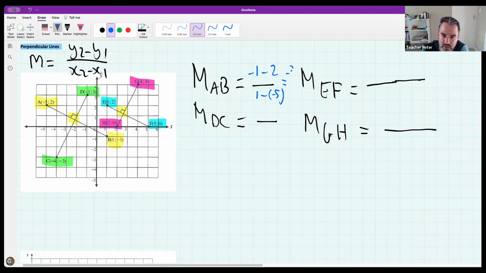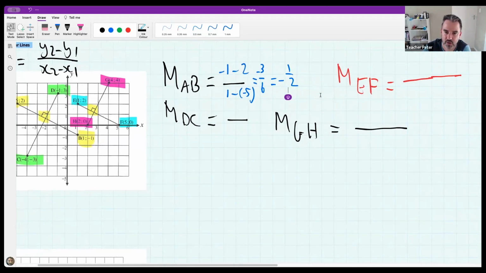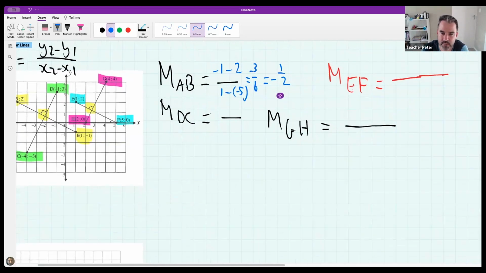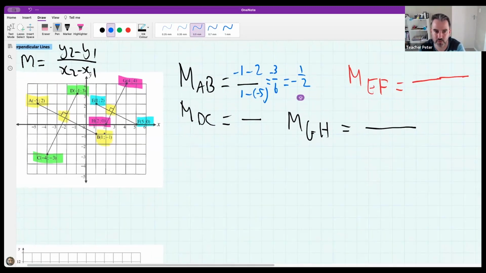So this is -3 over 6. And if I had to simplify that, I could simplify it even further, and that would be -1/2. So we have got -1/2 as the gradient for that.